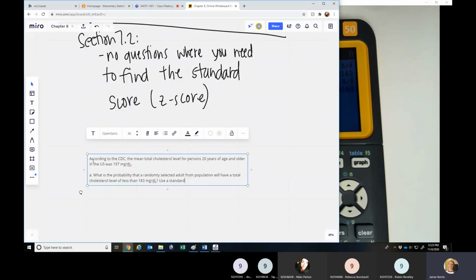Use a standard deviation of 35 milligrams per deciliter and assume the cholesterol levels are normally distributed.